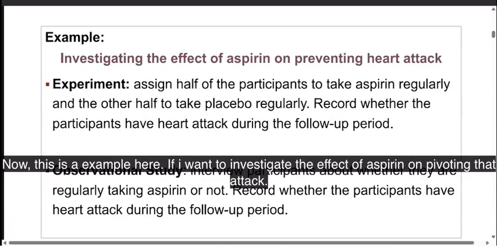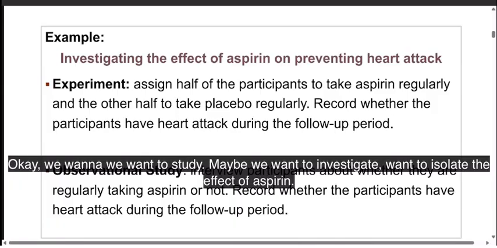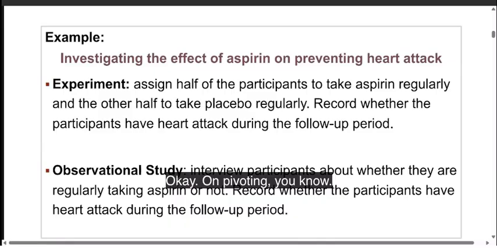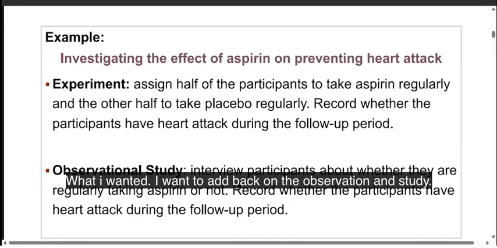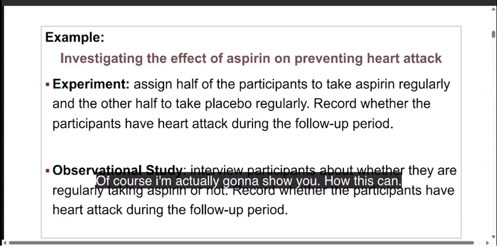Now, this is an example. If I want to investigate the effect of aspirin on preventing heart attack, we want to isolate the effect of aspirin on preventing heart attack. If I want to perform an experiment or embark on an observational study, I can walk you through the procedure.